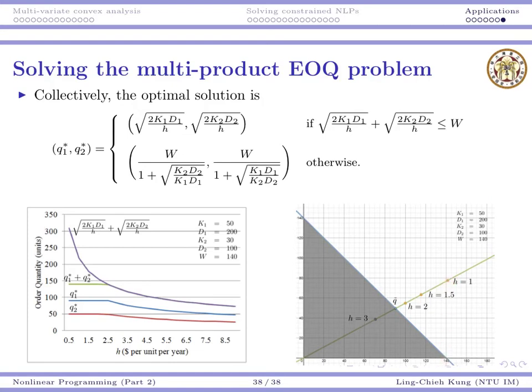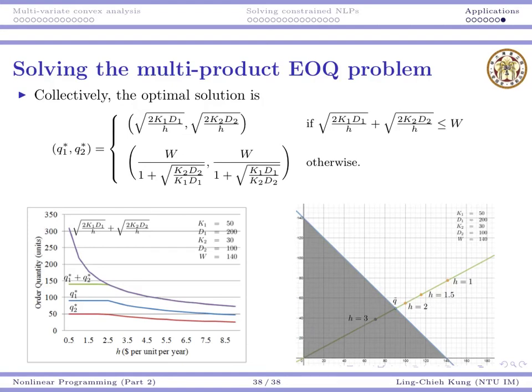This is Q1, and Q1 is here, and Q2 is here. For h is 1.5, Q1 is here, Q2 is here. For several values of holding cost, the unconstrained optimal solution is infeasible.